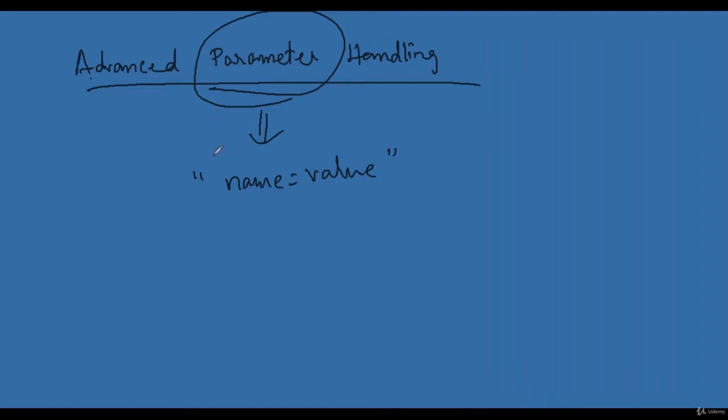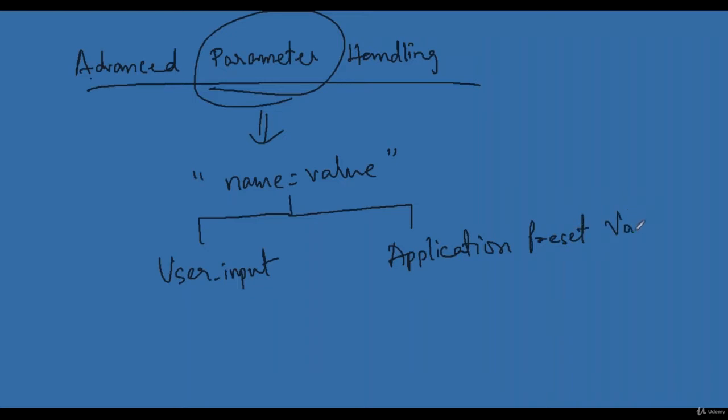Parameters can be categorized into two main groups based on how they represent data inputs to your application. Either it can be a user input, or it can be an application preset value.